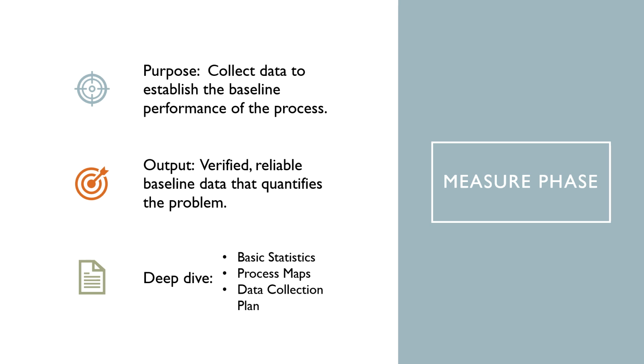So let's assume the project champion is happy with your progress in the define phase and you make it through your tollgate meeting. Now you must turn to the work of the measure phase. During this phase, the team will collect data on the process to understand the problem in a quantitative way. But before they do anything, they must understand some basic rules about statistics so they treat the data correctly.